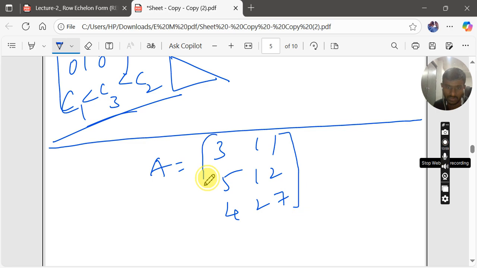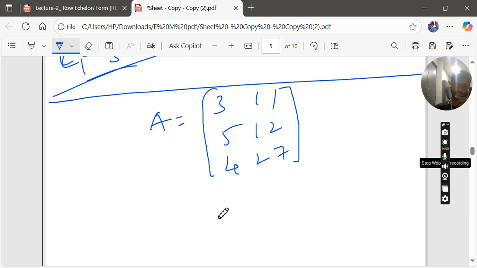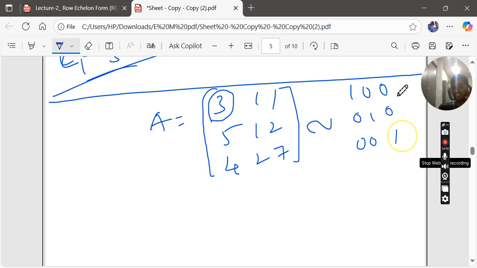Now we want to reduce this matrix into row reduced echelon form. So how can you do it? You know that the non-zero leading coefficient should always start with 1. So you need to convert this matrix into 1 0 0, 0 1 0 and 0 0 1, the identity matrix.